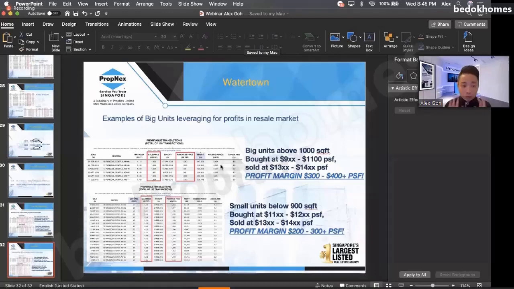I don't think there will be a lot more upside potential that we are talking about. I think the main key thing is that you need to weigh your risk and your gain. Why do I say so? I can't say that totally there's no upside. Maybe the maximum it can go up is another $100 per square foot. So do you want to keep a property that has this $100 but forgo another one where maybe you can make $300?